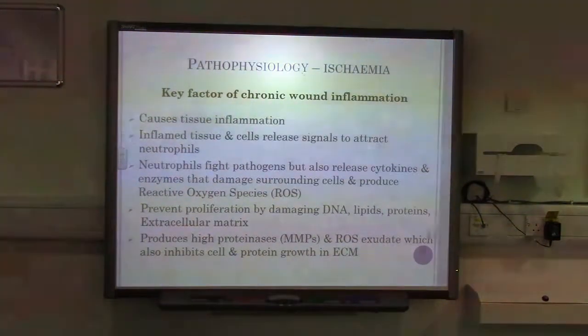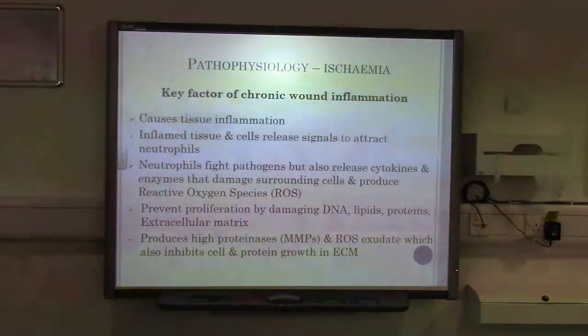So the pathophysiology. When ischemia is present, what's going on? The key factor is chronic wound inflammation, and unfortunately, because they appear stuck in that phase, they are prone to an invasion of microorganisms and ultimately infection, especially where there's hypoxia.